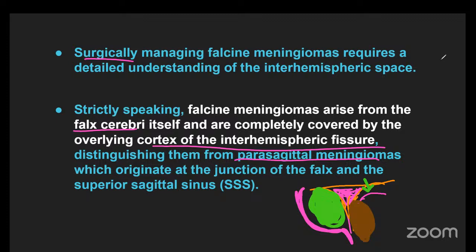So how do we differentiate? I think somebody asked this in a previous session as well. The difference would still be around this parasagittal angle. If this angle is filled, then this is a parasagittal meningioma.